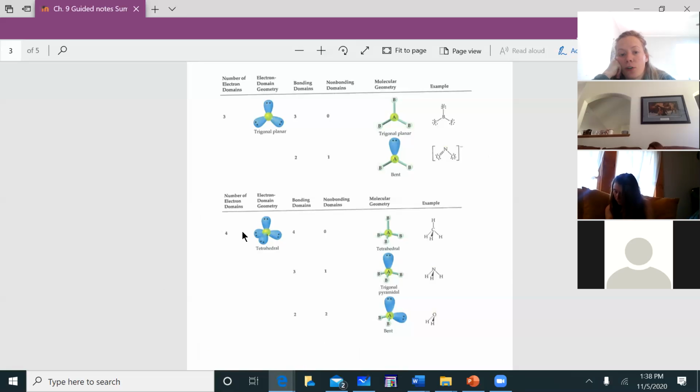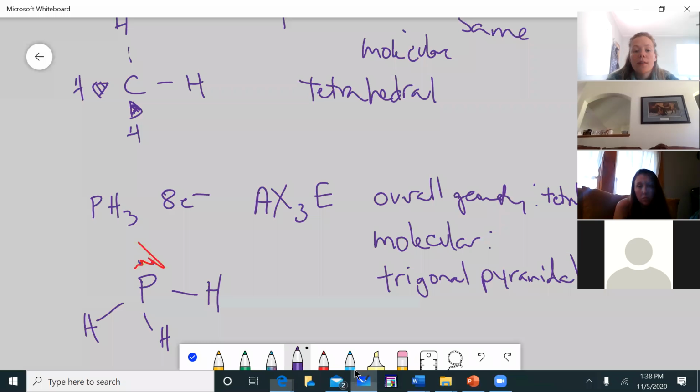So all of these have 4 electron groups. This first one where it's tetrahedral, it doesn't have any non-bonded pairs or lone pairs. This next one, trigonal pyramidal, it'll have 3 bonding and 1 non-bonding. Let's see what happens when we get 2 and 2. So that's going to be our structure like water.